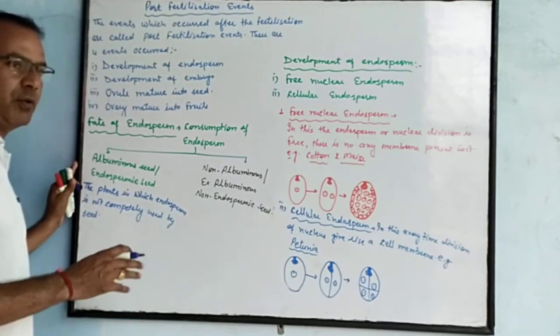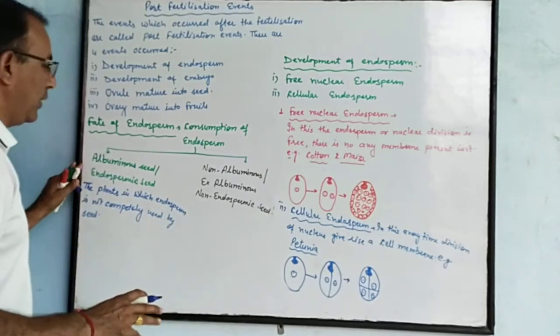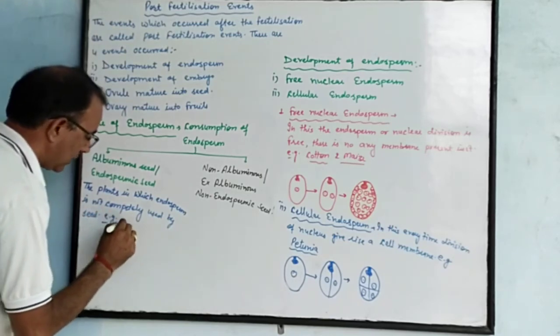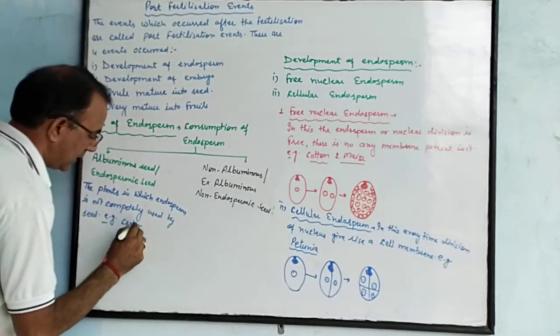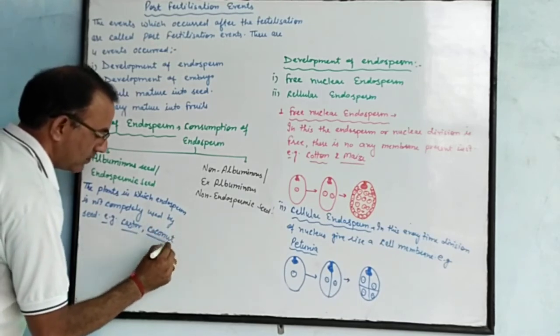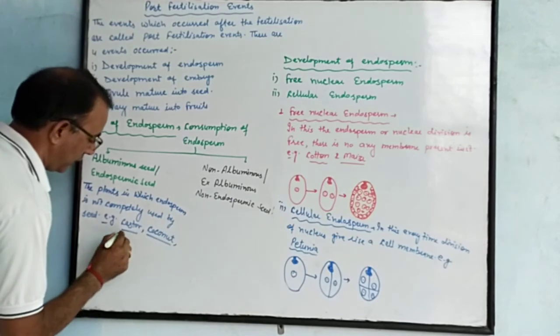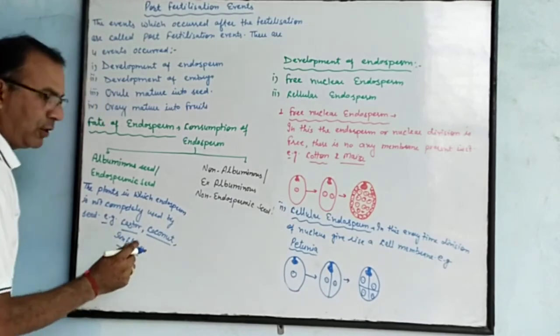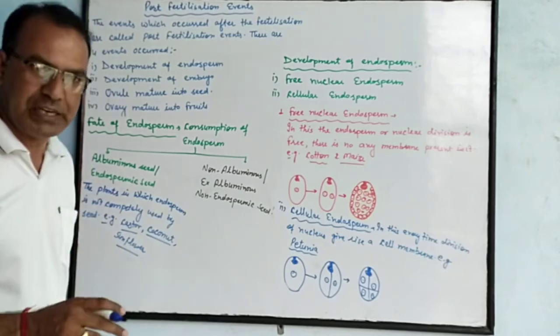Those types of seed are known as albuminous seed or endospermic seed. For example, castor. You can also say coconut as well as sunflower, in which endosperm remains after formation of seed.